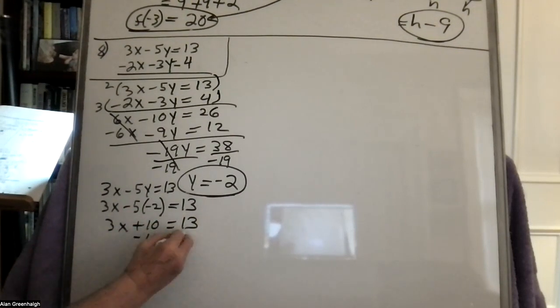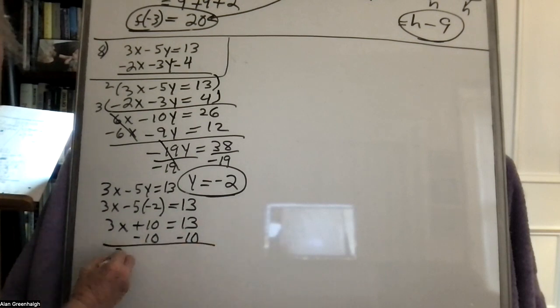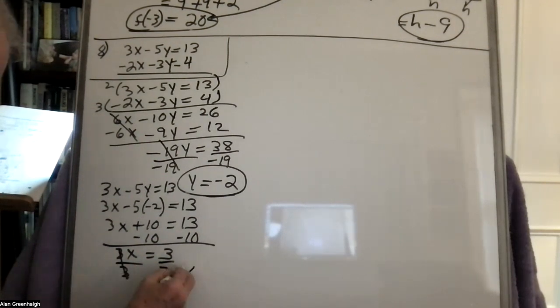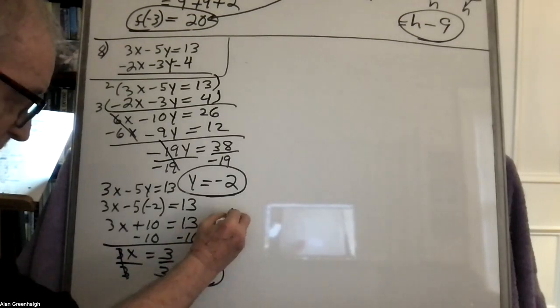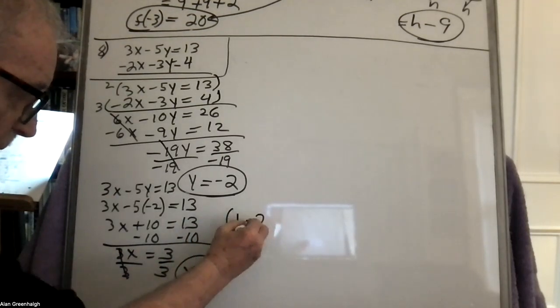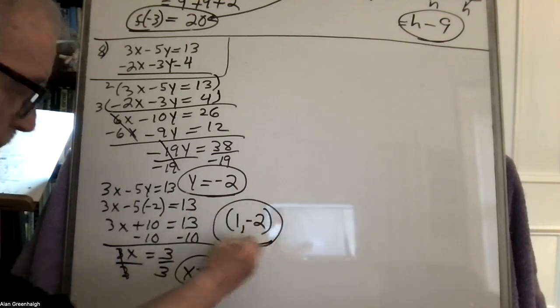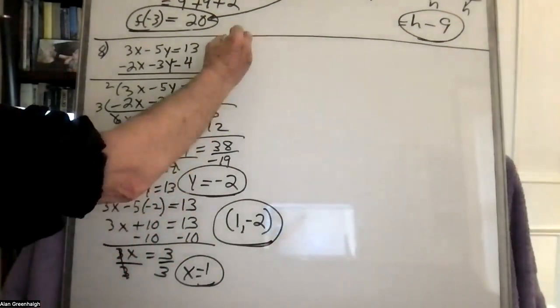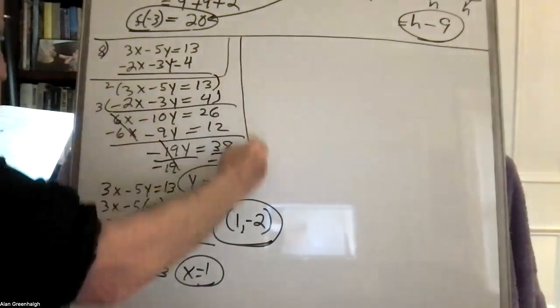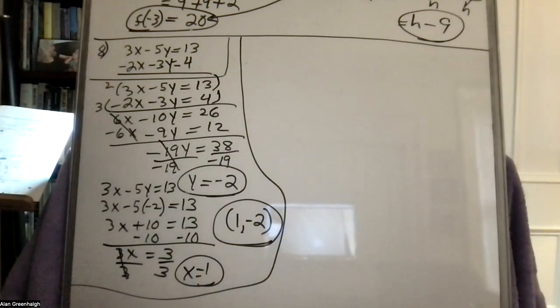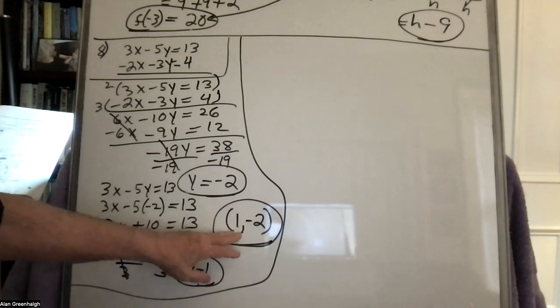Minus 10, minus 10. 3x equals 3. And x is equal to 1. So in other words, the answer to the question is x is 1, y is negative 2. It's the best way of writing the answer to that problem, as an ordered pair.